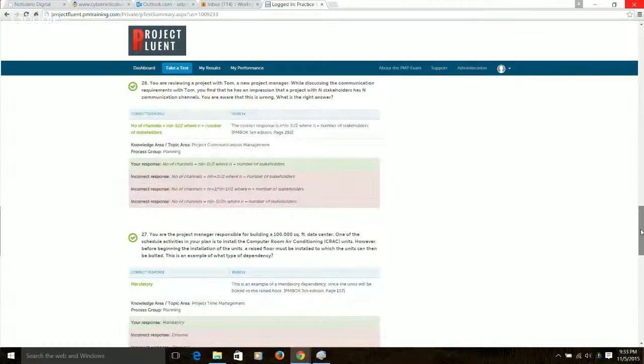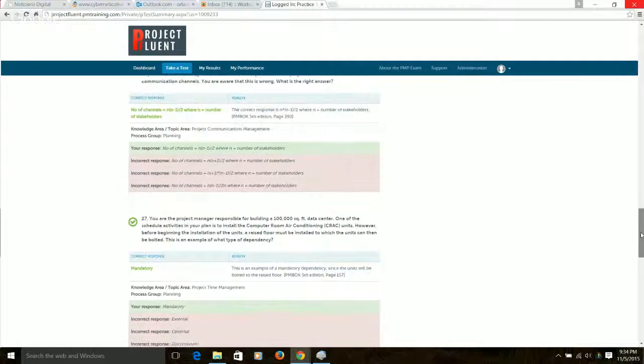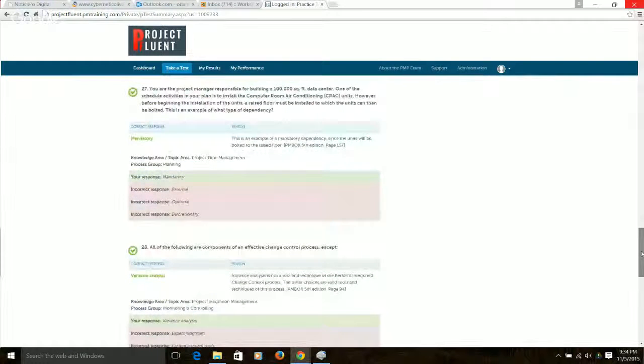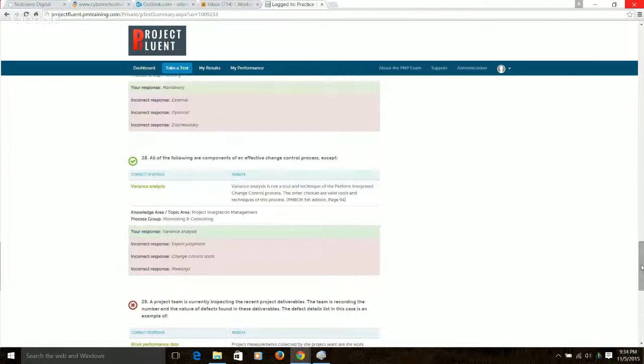You are the project manager responsible for the data center. What type of dependency is this? This is mandatory, so you get it right. All the following are components of an effective change control process except variance analysis. Change control and variance analysis are not related, so that's the right answer.